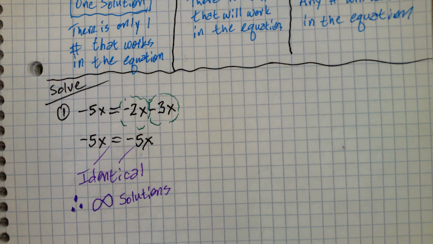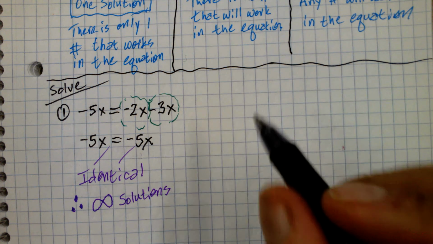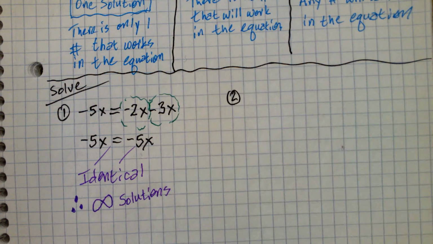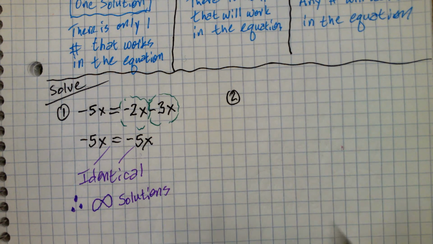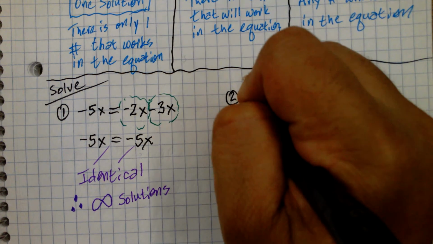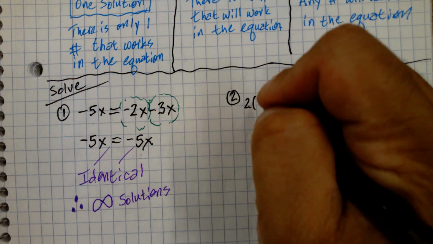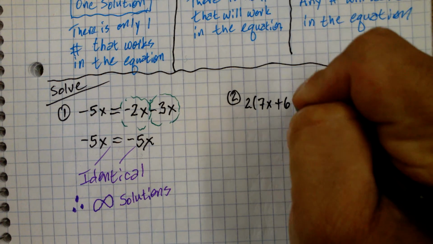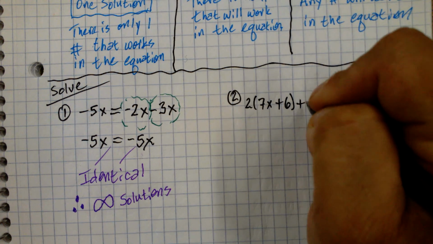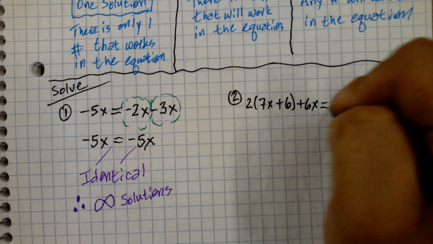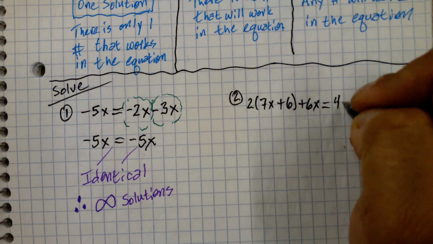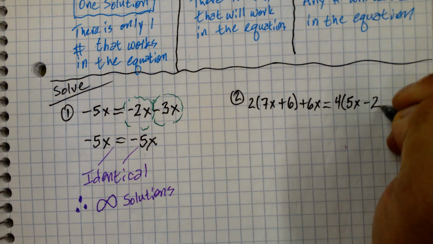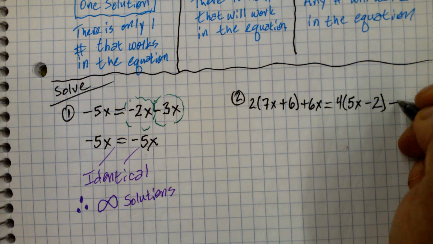One more. All right, this one's going to have all kinds of stuff though. So write it down. 2 parentheses 7x plus 6, plus 6x equals 4 parentheses 5x minus 2, take away 4.